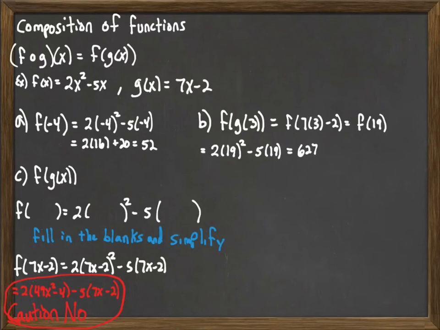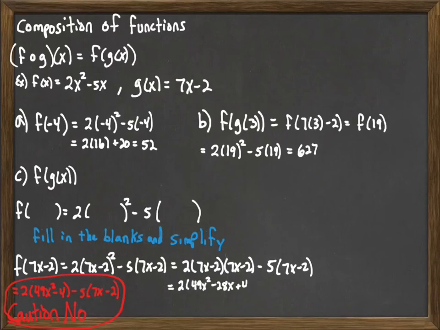What we have to remember with that 7x minus 2 squared is that we have to multiply it times itself. So we'll have 2 times 7x minus 2 times 7x minus 2 minus 5 times 7x minus 2. And then we can go ahead at this point and start to multiply. So I would go ahead and multiply out my 7x minus 2's.